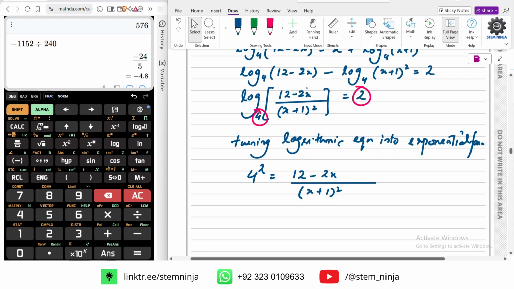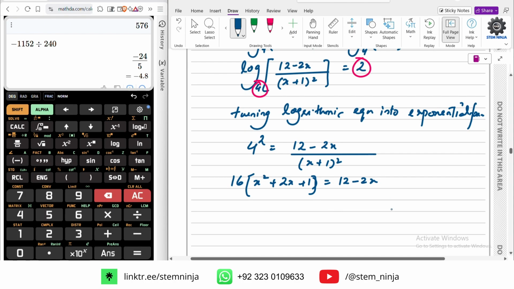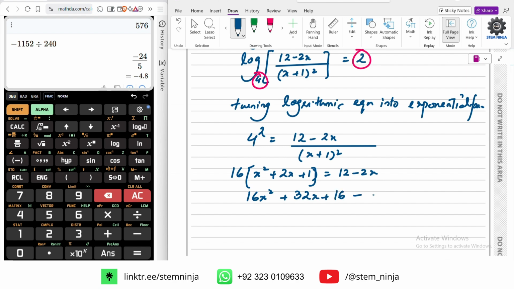Right, okay, so we expand and take everything to the other side. So 16 times (x squared plus 2x plus 1), minus (12 minus 2x). Let's simplify. 16x squared, 16 times 2 is 32x, plus 16 times 1, minus 12 plus 2x equal to 0.